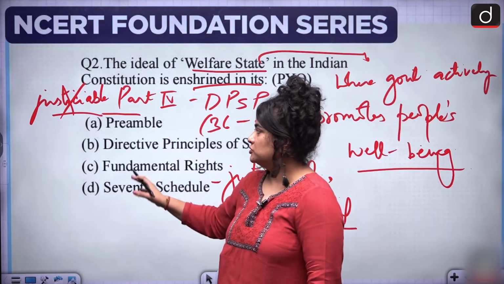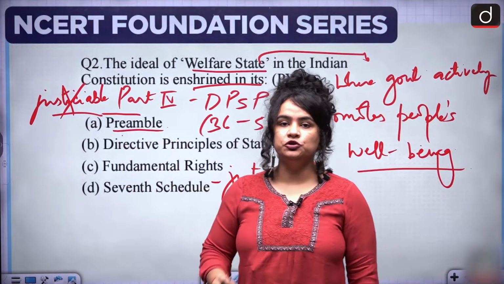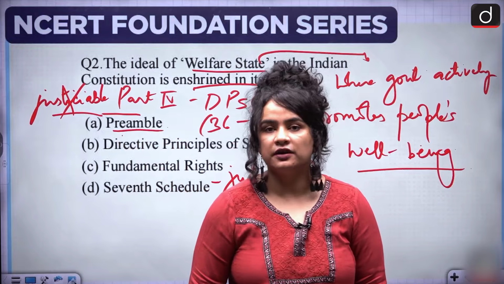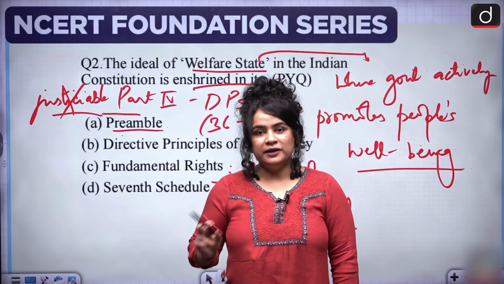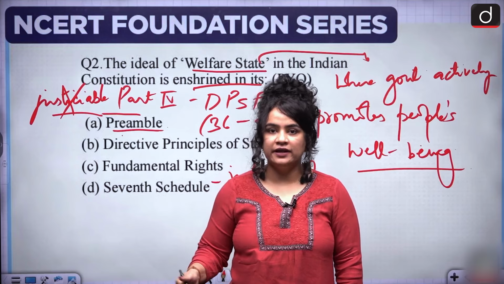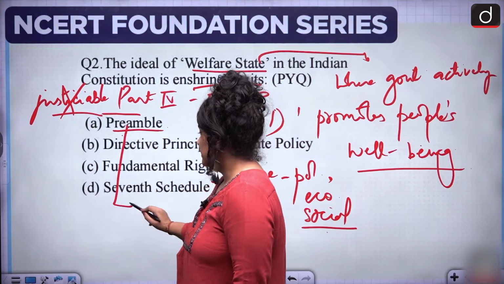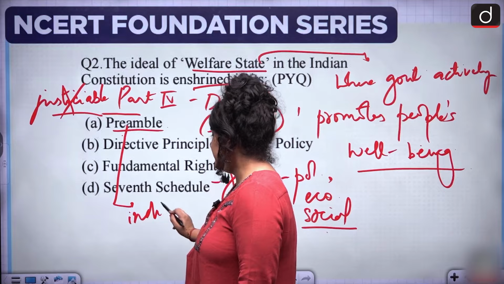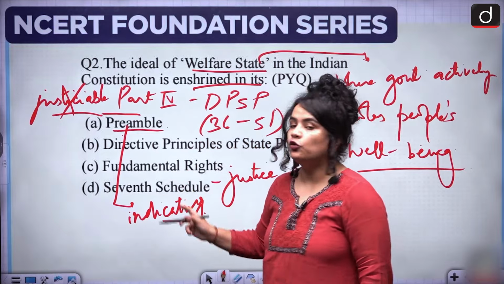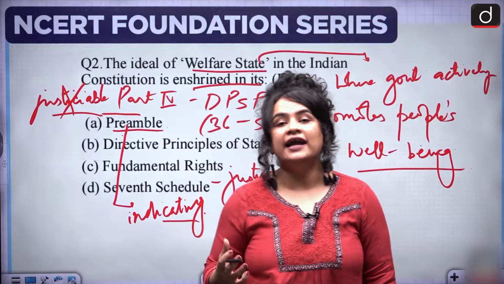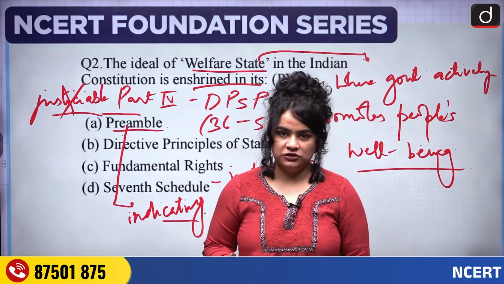So let's look at the options. The first option is preamble. Now this is where you could find it a tad bit confusing. Why? Because preamble also talks about justice, economic, social and political. All right. However, preamble is only indicating the vision that our founding forefathers had at that time for our newly independent nation.